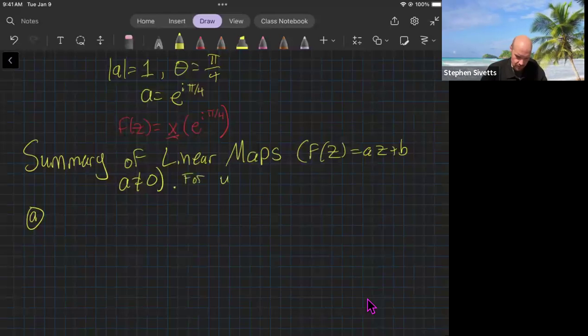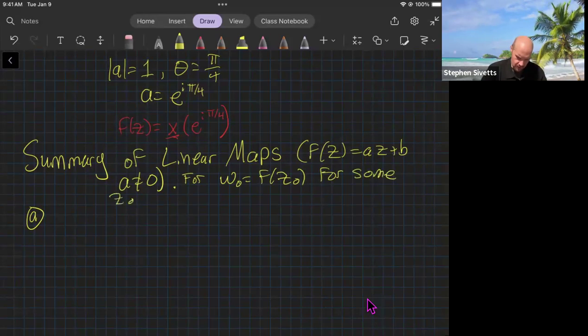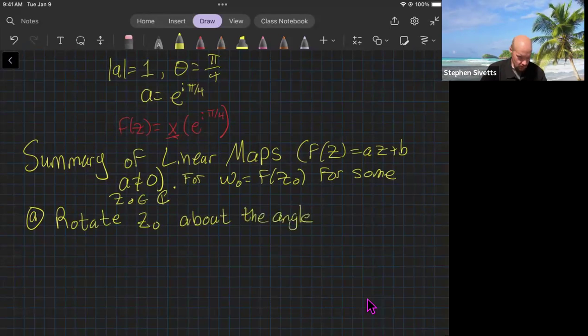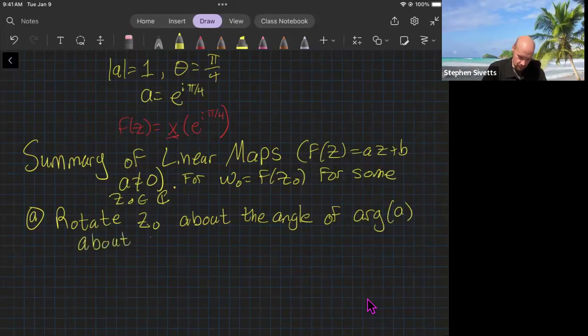For w naught equals f of z naught, for some z naught in the complex plane, to figure out a rotation, you can rotate z naught about the angle of the argument of a, about the origin.